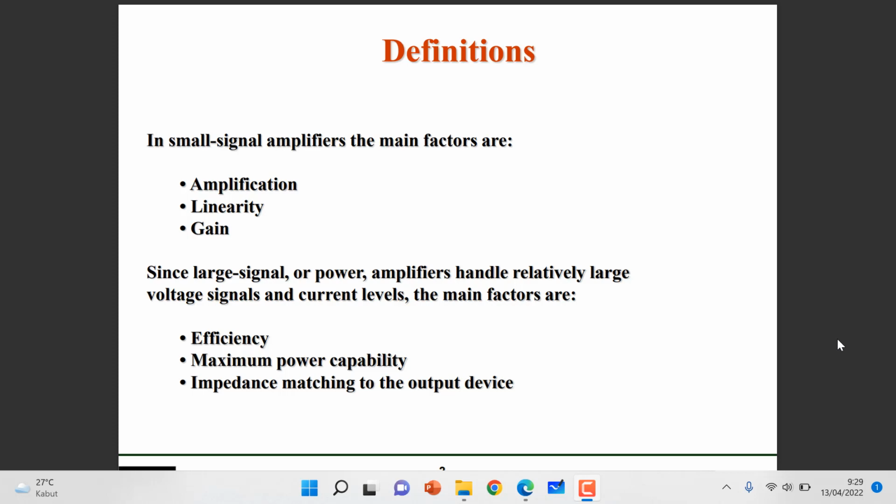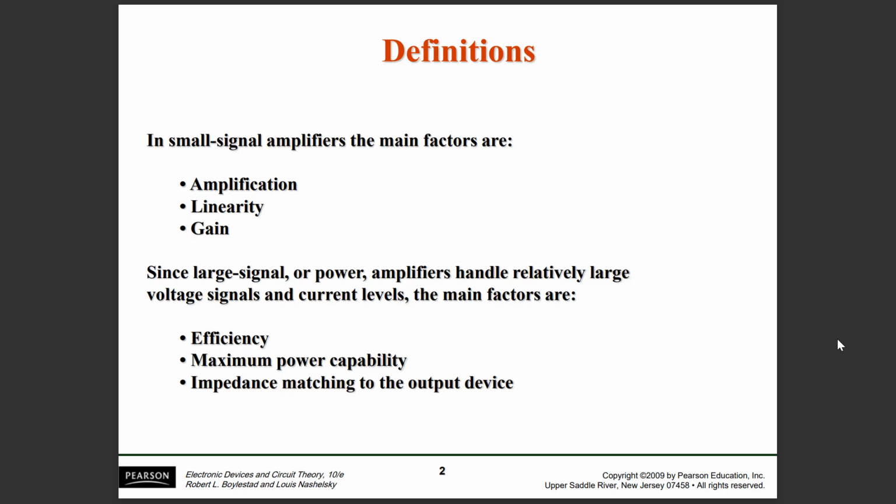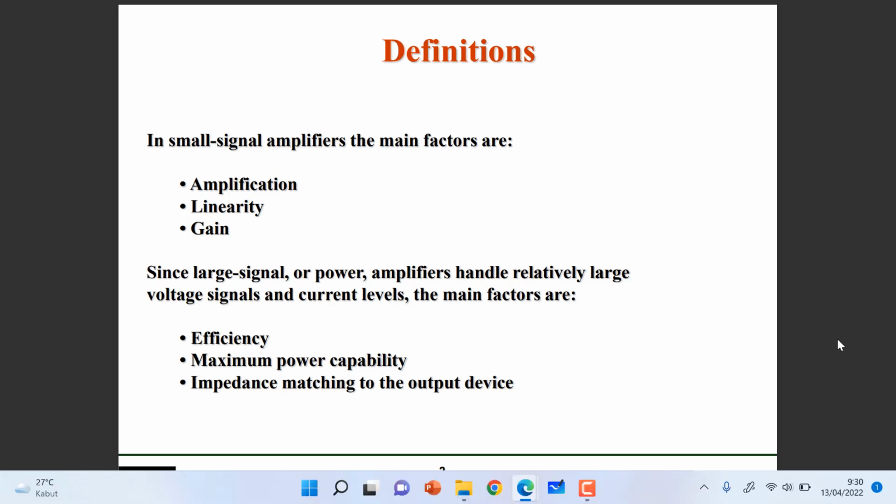In order to design the amplifier, we have to look for the main factors of the small signal amplifier. The main factors are the amplification, linearity, and the gain.